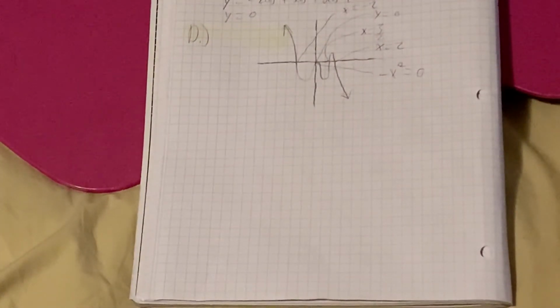I'm going to explain how I know which ones bounce as part of letter D.